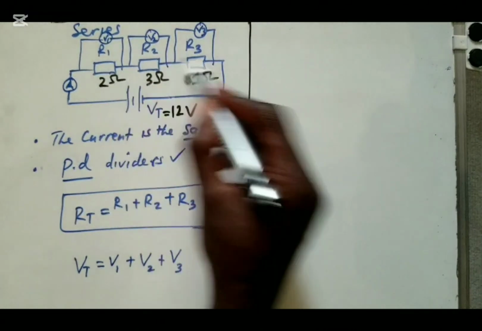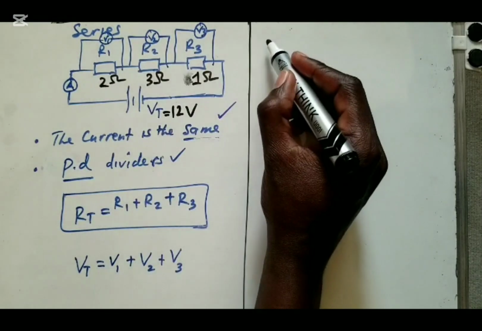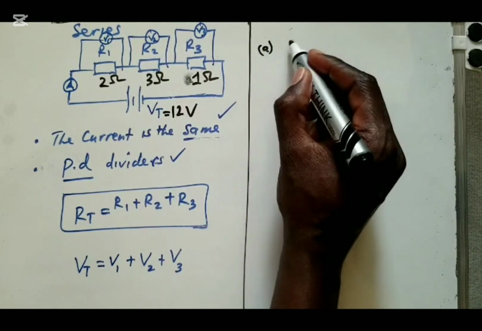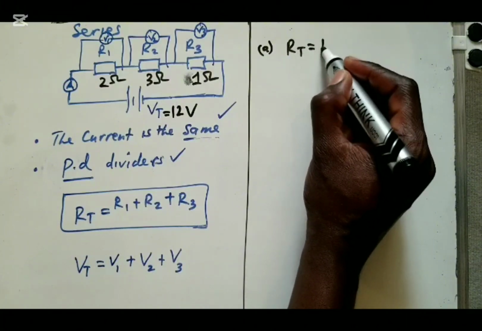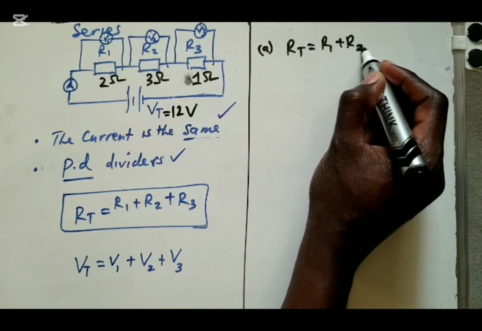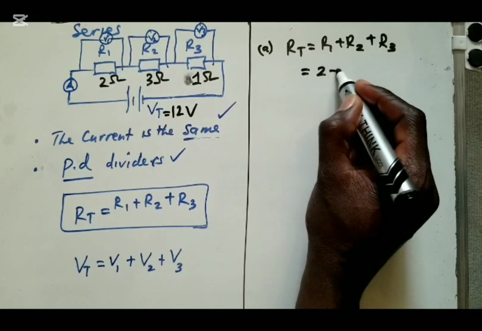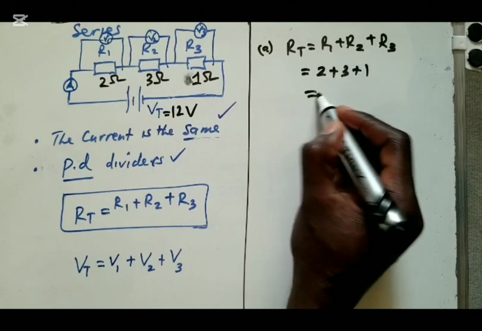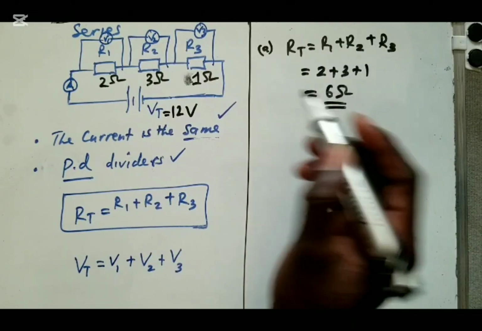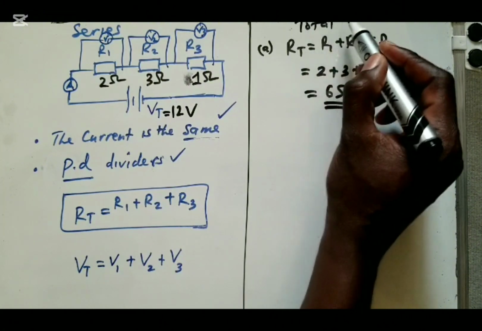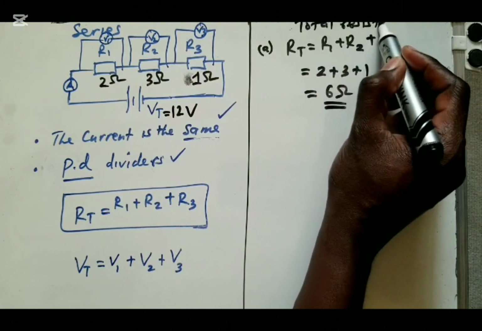What would be the total or effective resistance in the circuit? You just need to add R1 plus R2 plus R3. So in this case it will be 2 plus 3 plus 1, and that is going to give me 6 ohms. So that is the total resistance in the circuit.